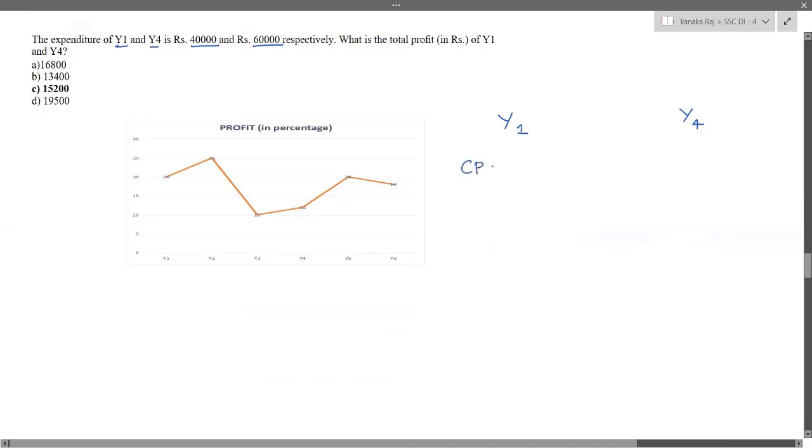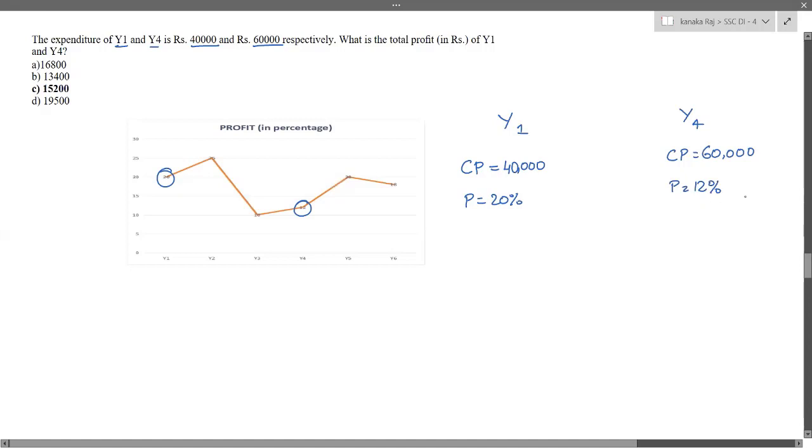That is equal to 40,000 for first year, and for fourth year it is 60,000. Now from the graph, we know that for first year, profit percentage is equal to 20%. For fourth year, profit percentage is 12%.